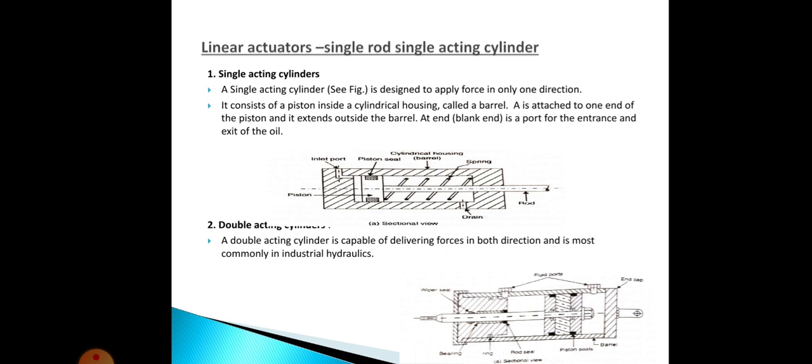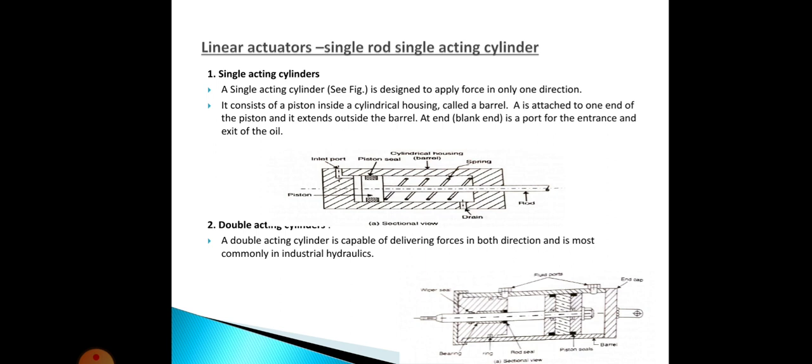The next one we will be seeing is the double acting cylinder. A double acting cylinder is capable of delivering force in both directions. It is most commonly used in industrial hydraulics. The barrel is made of seamless steel tubing honed to a fine finish on the surface.